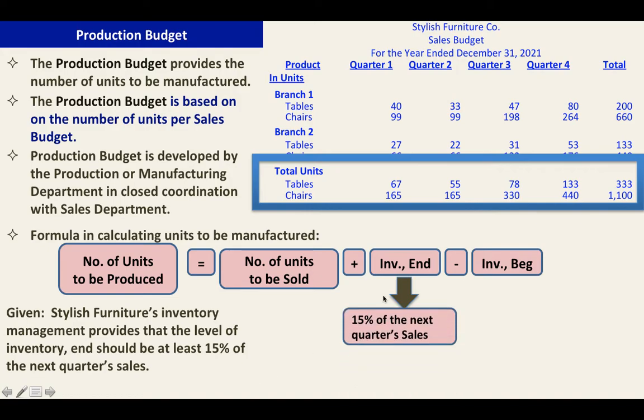So our inventory end is 15% of the next quarter's sales, and inventory beginning, of course, will be based on the previous period's inventory end. Whatever the ending inventory of a period is, that will be the beginning of the next period.